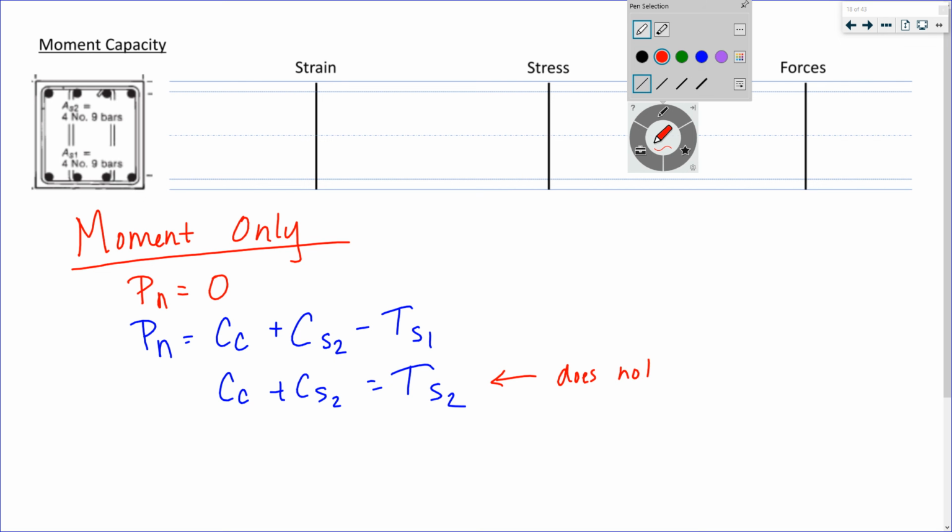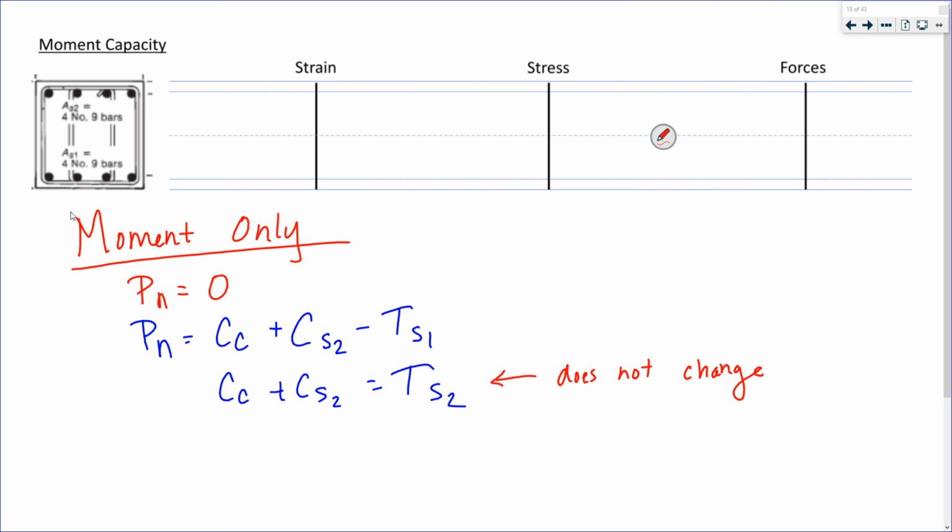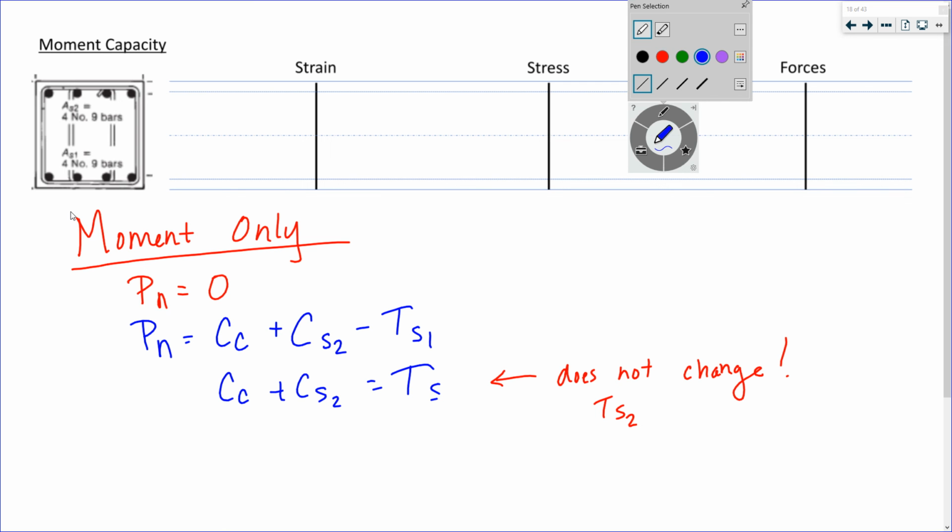This value does not change, because it's always equal to, oopsies, I put a 2 and I should have put a 1. It is always equal to my yield times my area of steel.